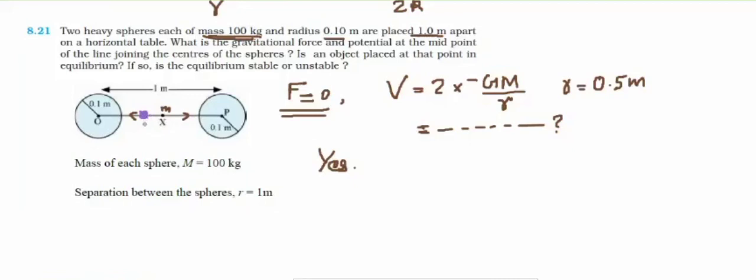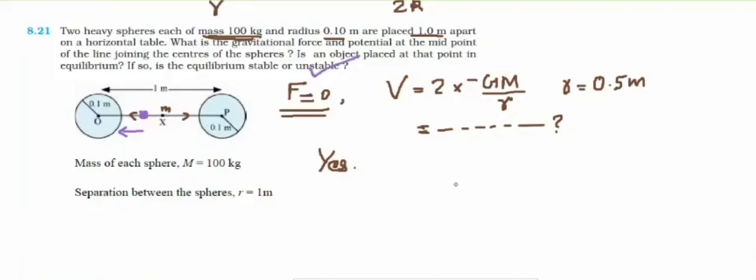As the attraction is stronger towards left hand side, the object will move towards left hand side, which means it is not going to come back to the point X. As the object cannot come back to the point X towards the equilibrium position, we say the equilibrium is unstable equilibrium.